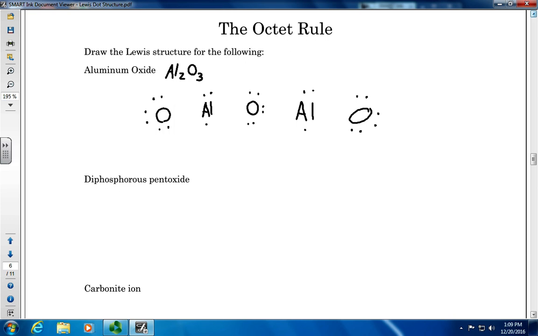Now let's just, for the sake of reasoning, go ahead and take each aluminum and give it a single bond. Put it over here, let's make another single bond. Just going to do a very simplistic version of this.